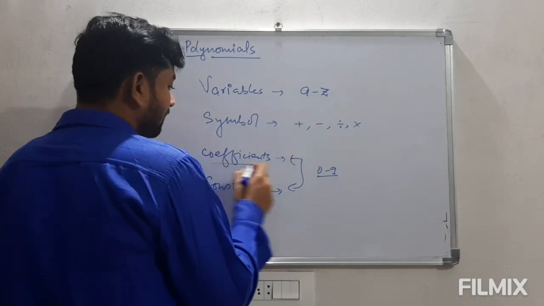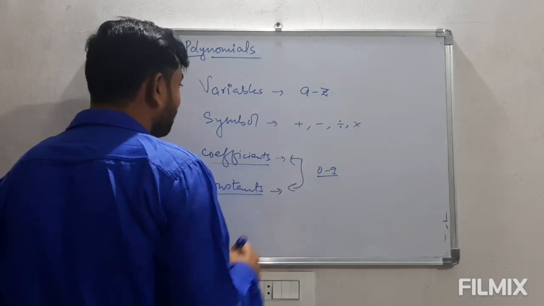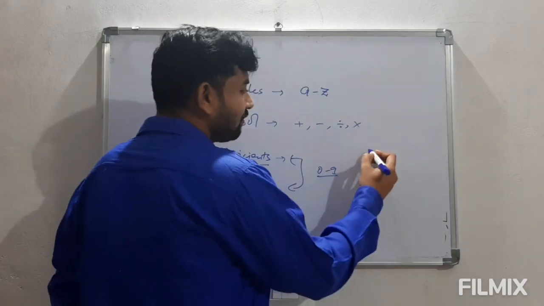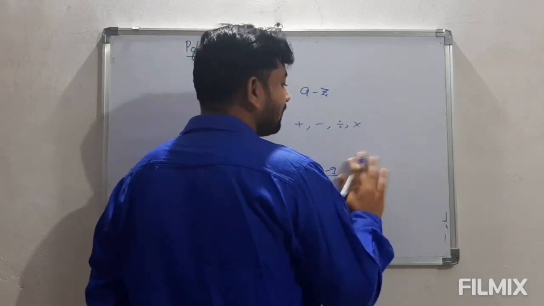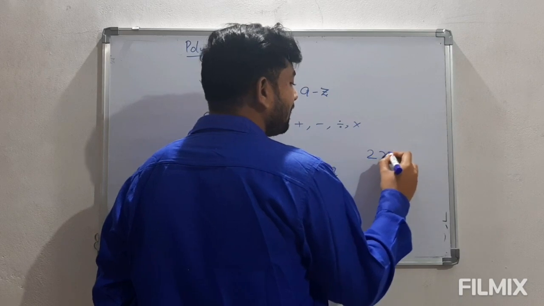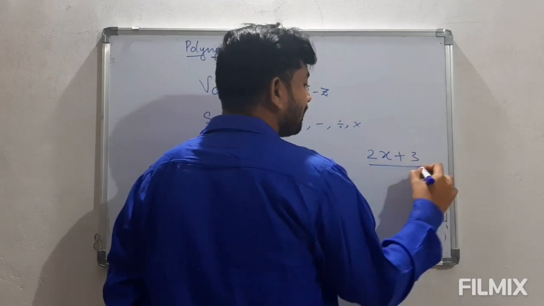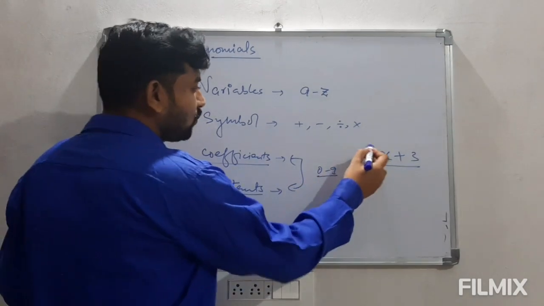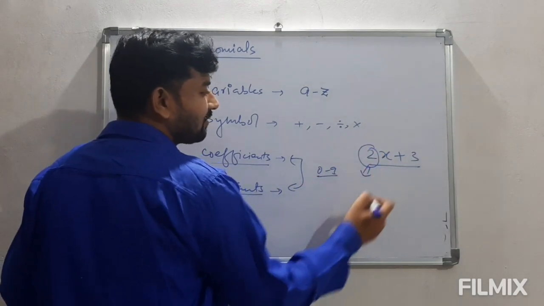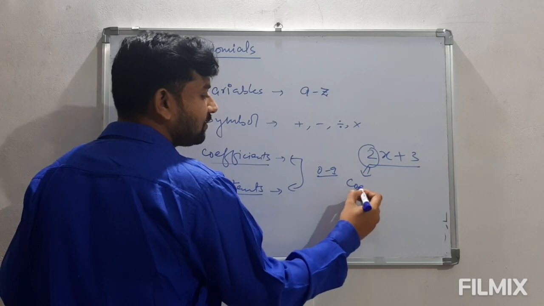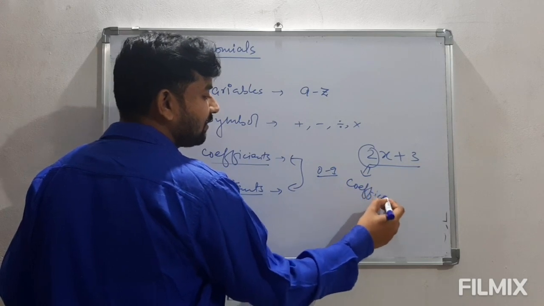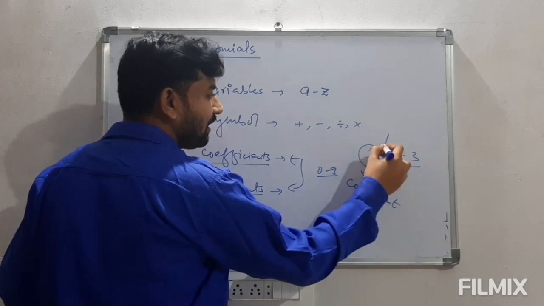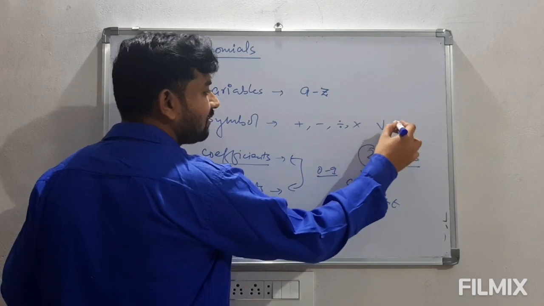So here there should be a difference between these two. To understand that difference, let me take one very simple example. If I take 2x plus 3, this is an algebraic expression. Here this 2 is with variable x, so this is called the coefficient. x is the variable here.